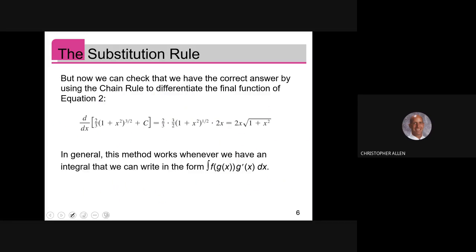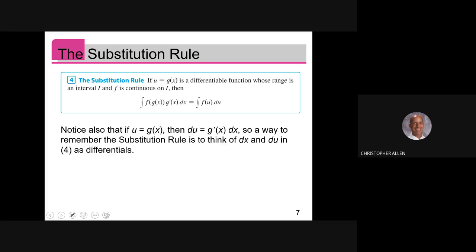Okay, by the way, if you look at the next slide, you will see all the work that we just did. So it's already typed in case you didn't write down the check stuff. All right, so by the way, I just did the substitution rule without telling you the substitution rule. This is the substitution rule, and you'll notice that it's worded, it's not intuitive when you look at it, but here's what it says.